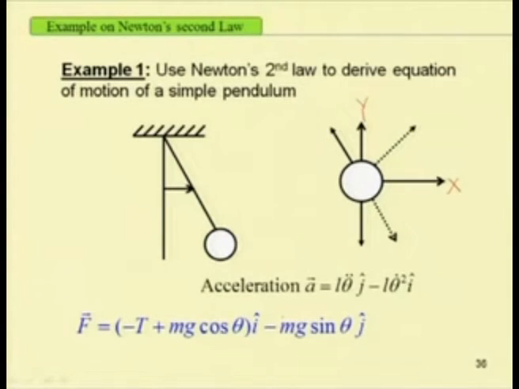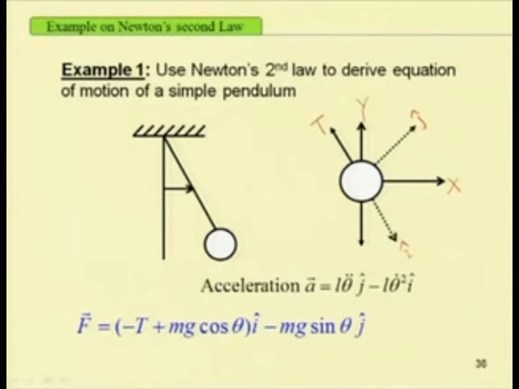So, I can take a unit vector along this direction, and perpendicular to this is j, and this represents the tension in the string. This is the free body diagram of this bob, in which the physical coordinate system can be shown either in terms of x y or using another coordinate system, that is in terms of unit vectors i and j.